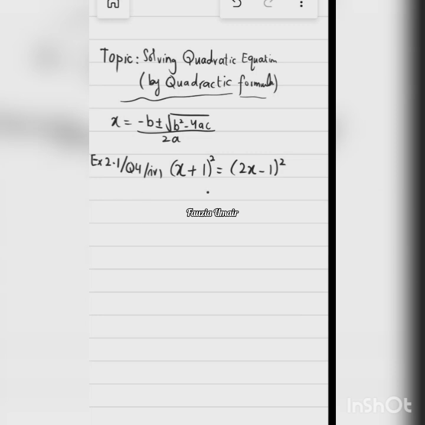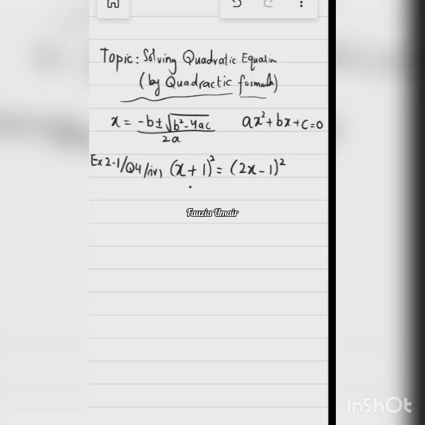We will match with the formula. First we need to know what A, B, and C are, and for that we need to convert this equation into the standard quadratic form, which is ax square plus bx plus c is equal to 0.